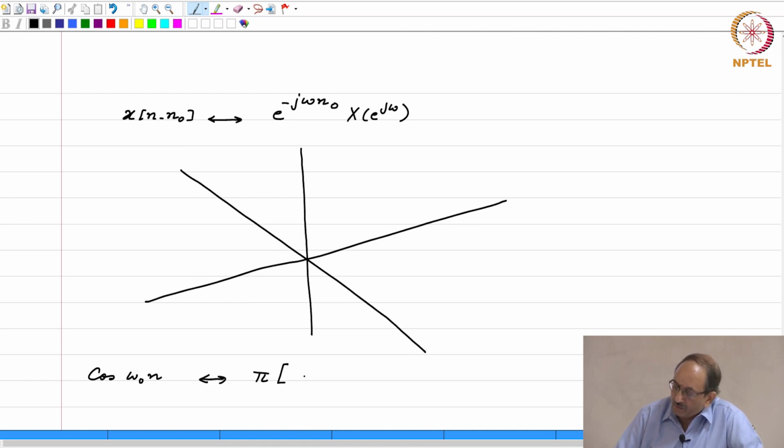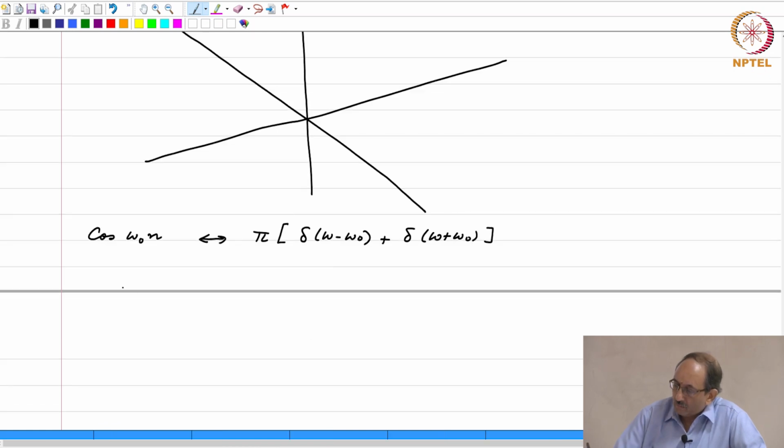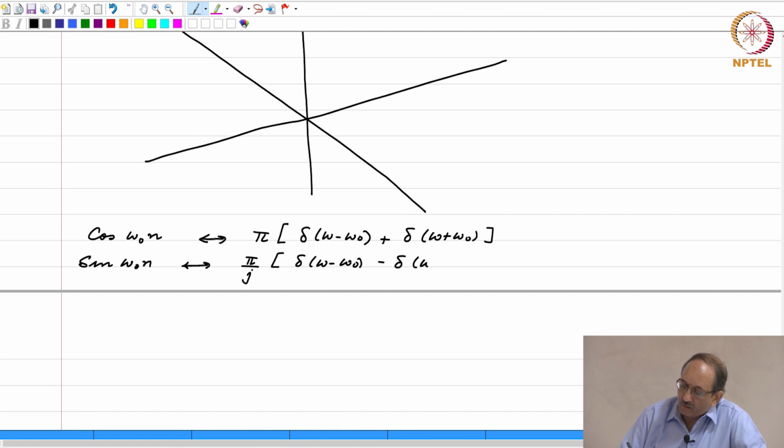So, this is pi times delta omega minus omega naught plus delta omega plus omega naught, and sin omega naught n was pi by j delta omega minus omega naught minus delta omega plus omega naught. So, this looks frighteningly similar to its continuous time counterpart expression.